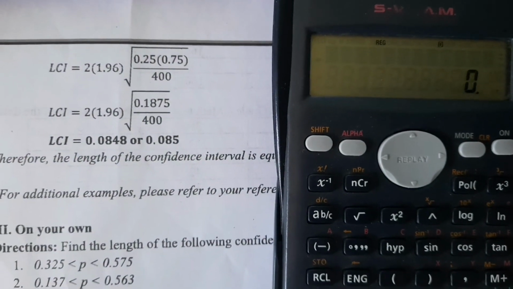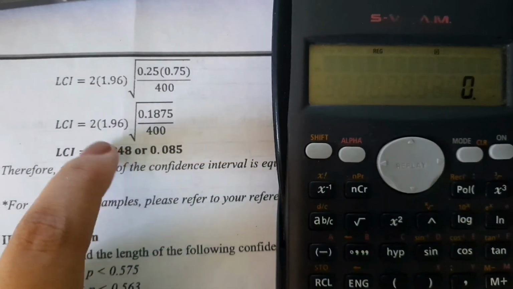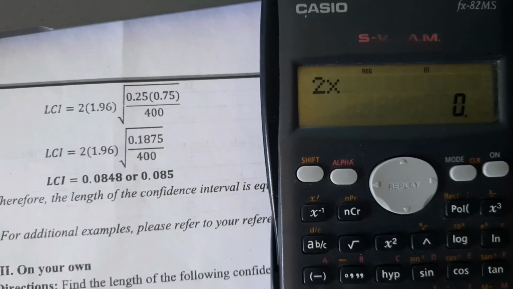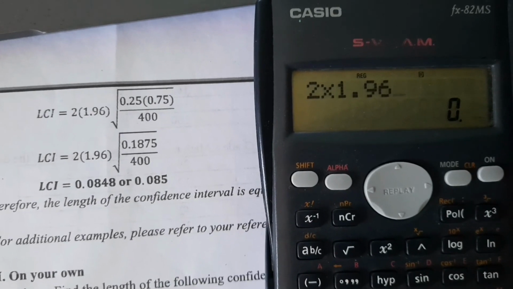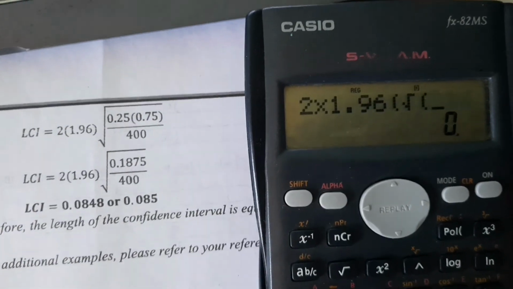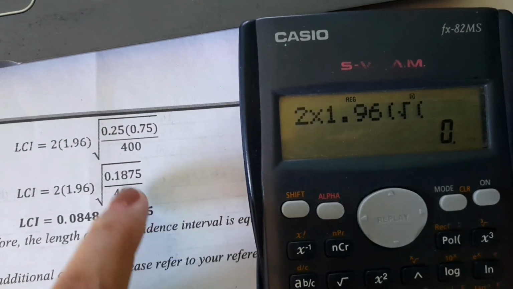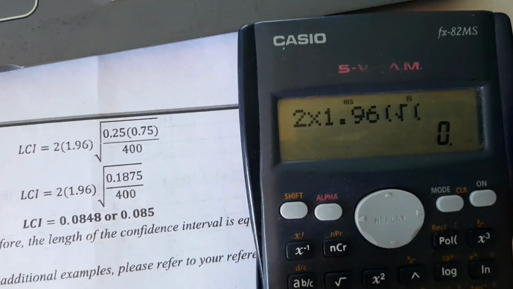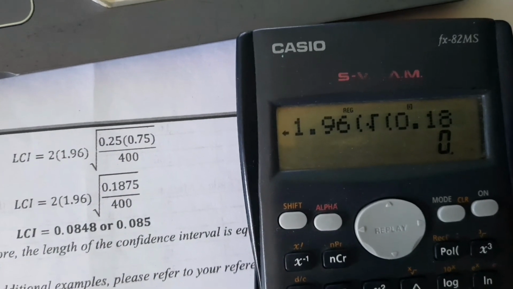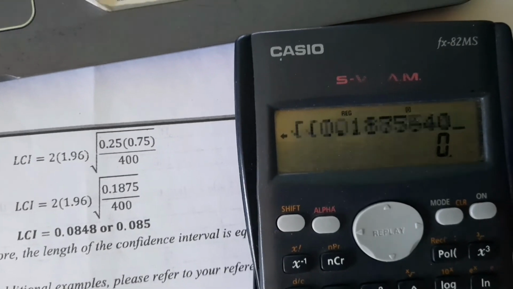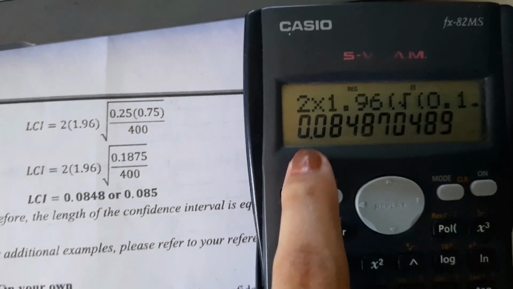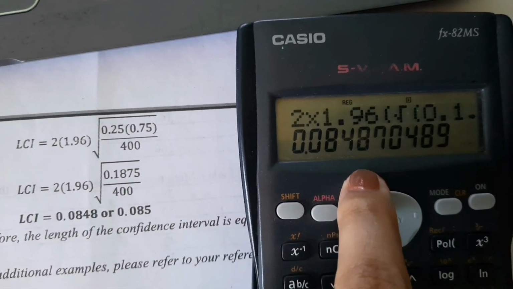So, paano ba natin na-compute ito? So, ang gagawin natin is, first is to input the 2 times 1.96, then parenthesis, then square root of parenthesis ulit. Kasi pag hindi natin pinarenthesis, ang may square root lang dyan is yung numerator. So, parenthesis of 0.1875 divided by 400, then close parenthesis tayo, is equal to, ang sagot natin ay 0.08487.